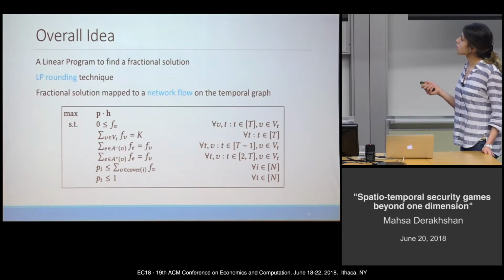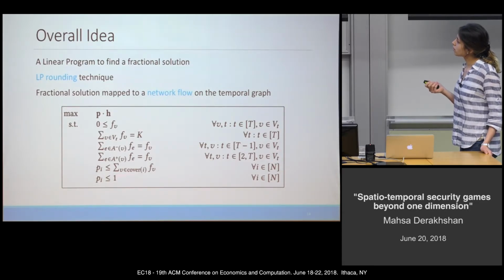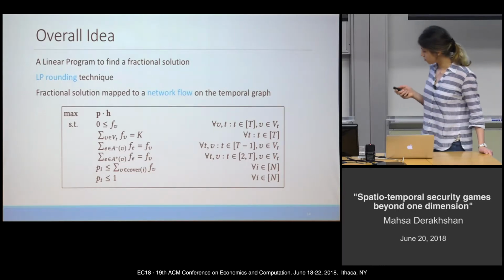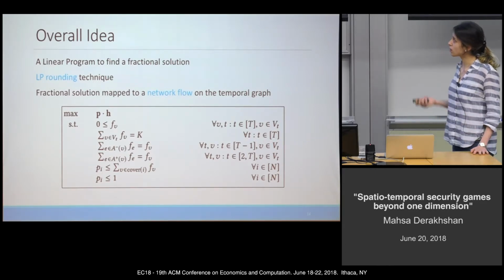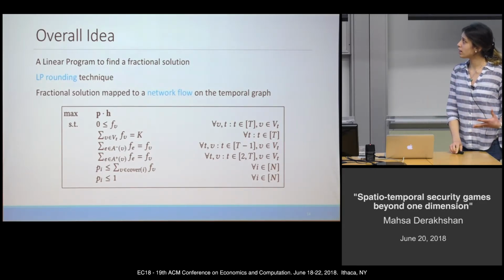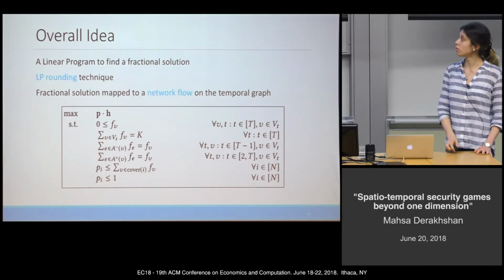This set of constraints are just the classical flow constraints, and this last one is to maximize the coverage. After finding the fractional solution, we give two different LP rounding methods for the general case and the one-dimensional case.